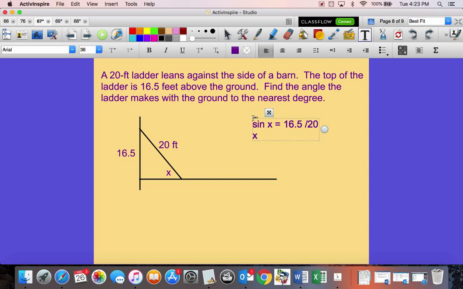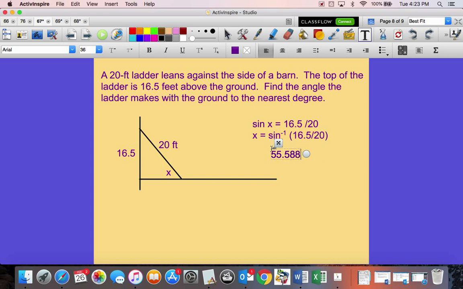We still got to get x by itself, so we would do sine inverse to get it over to the other side of that 16.5 divided by 20. And then you just throw that in the calculator. Sine inverse, 16.5 divided by 20, gives us an angle of 55.588. That would solve for x.